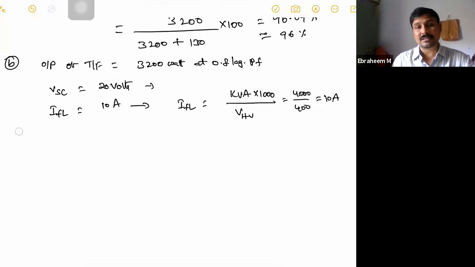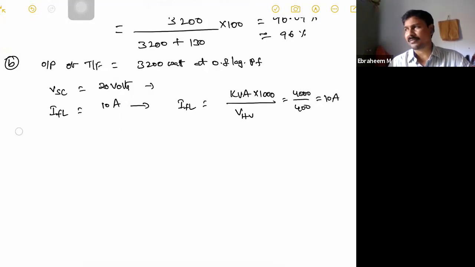In a short circuit test, we are supposed to circulate this current to find the copper loss, because this is full load. When the transformer is carrying full load, it will deliver 10 amperes. Everyone who buys a machine wants to know the efficiency at the conditions where he wants to operate it.